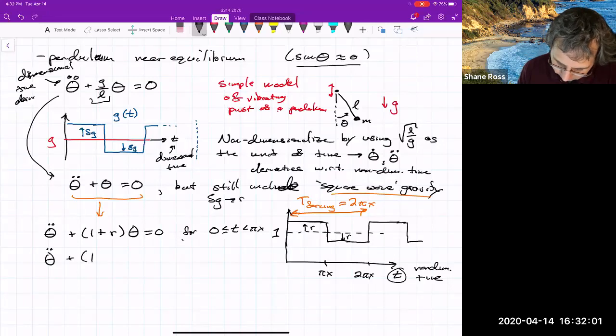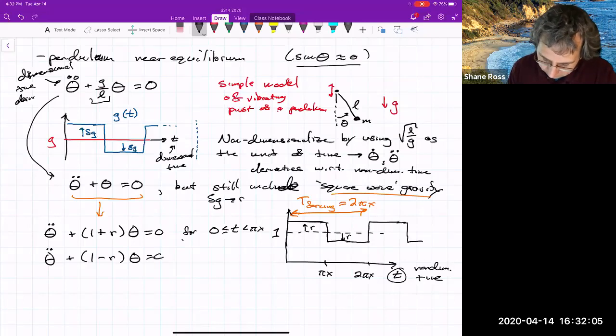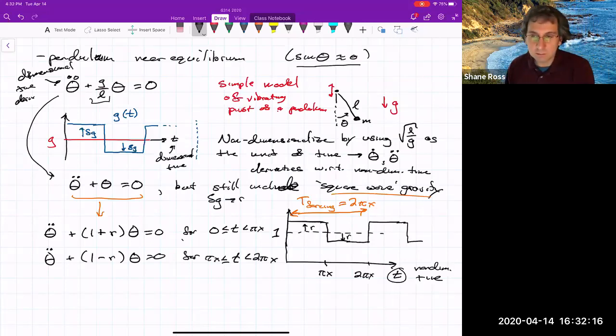And then this will become slightly smaller gravity for the second half of a forcing period. And then repeating forever after.